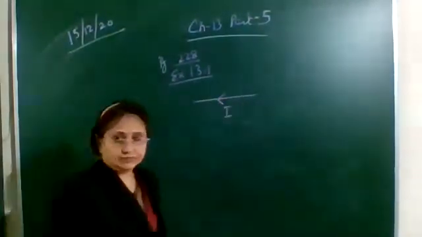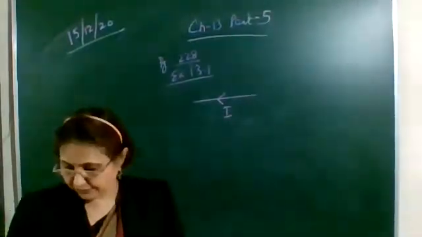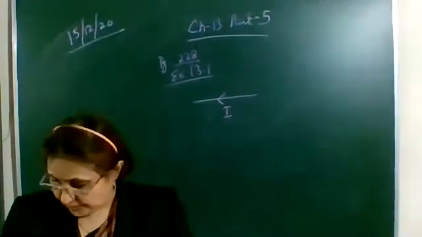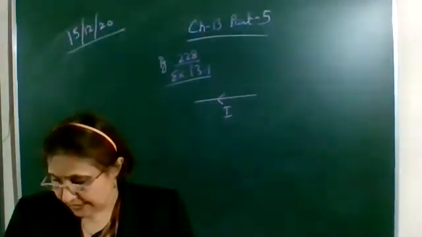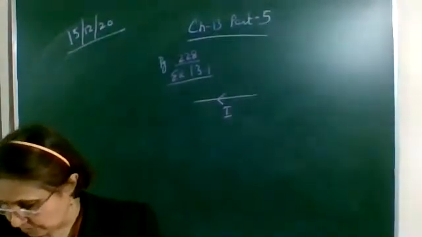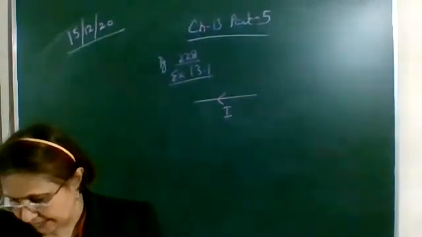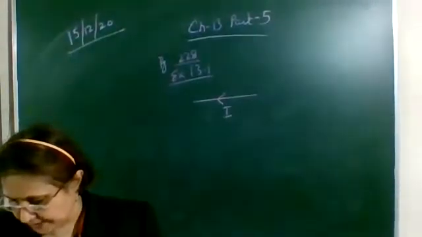This is the direction of the current. Now what is the direction of the magnetic field at a point directly below and at a point directly above it?